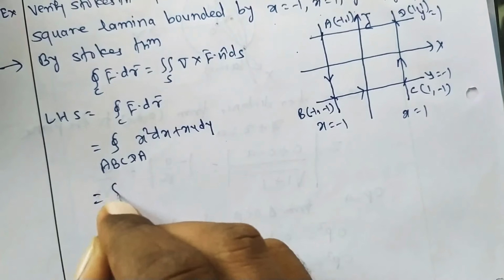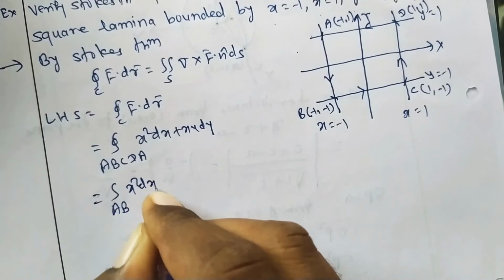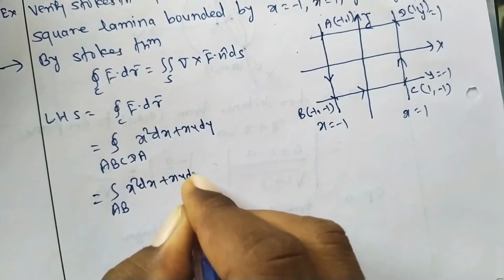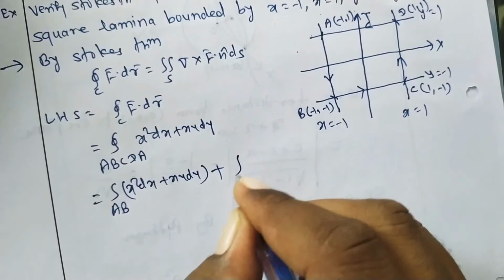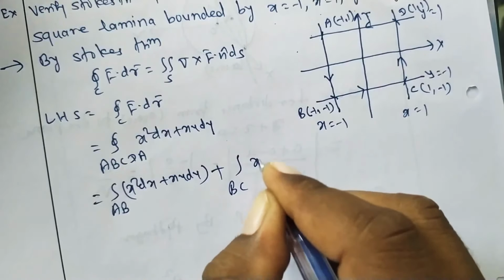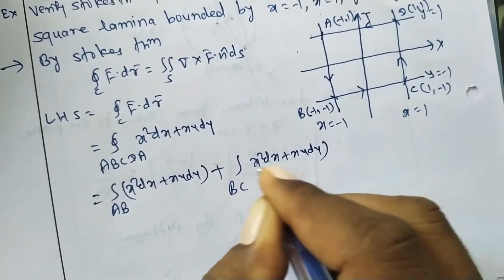So it is equal to, first take the path along AB: x square dx plus xy dy. Then we have to take the path along BC: x square dx plus xy dy.